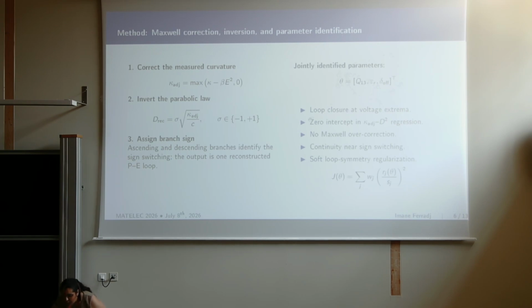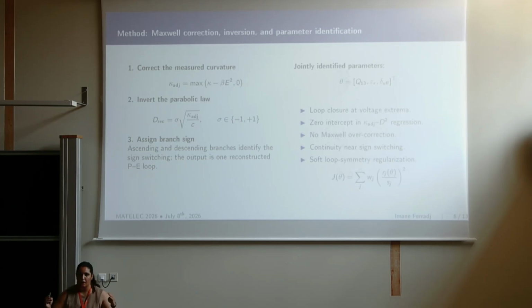And so these penalties or conditions can be written into a general cost function that is minimized in order to obtain a unique decision vector. The first one is that the hysteresis at plus or minus Vmax should be a closed loop.